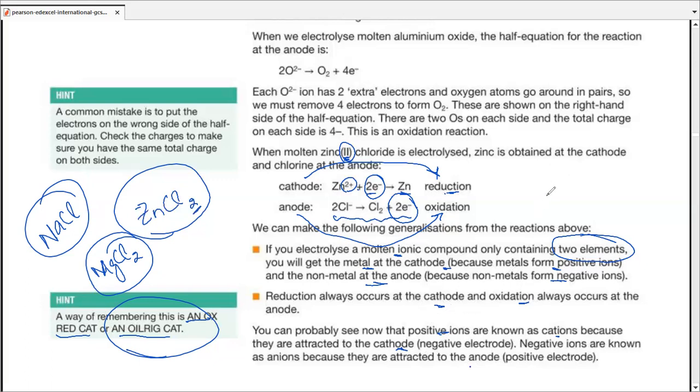Now you understand that the word cations has its starting part, cat, coming from the electrode cathode, and anions has its starting part, an, coming from anode. And the word part electrode is actually coming out of ode, electrode. So the names are given in such a way that students find it easy to memorize.